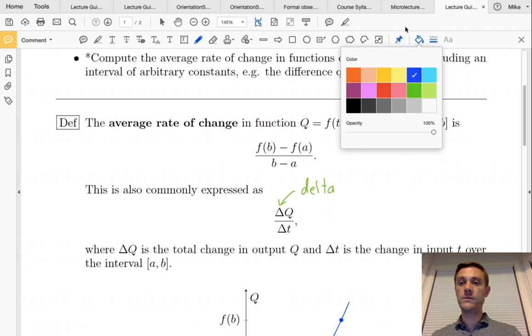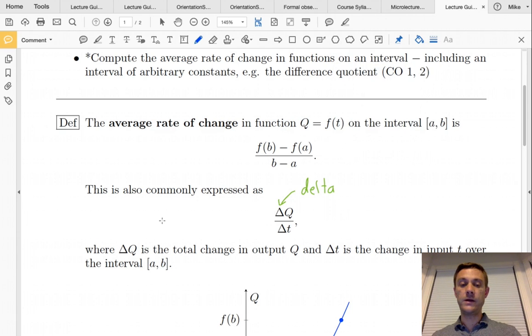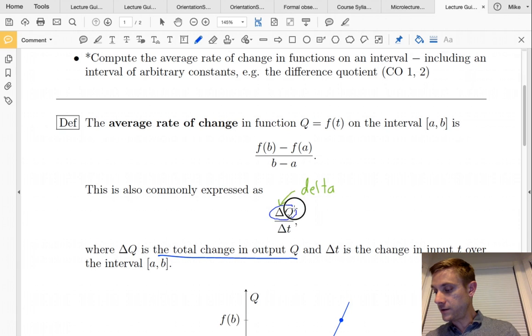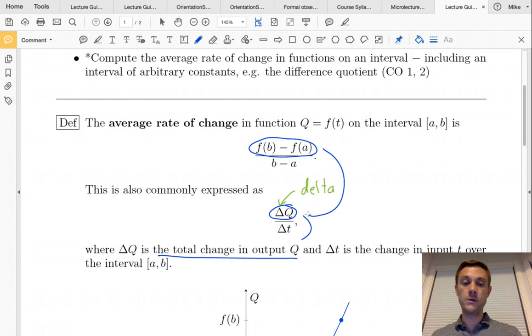Just to call out the elements, delta Q is the total change in Q. These, and also this numerator, are all the same thing. So we're calling the total change in Q either delta Q or just straight up that calculation on top.